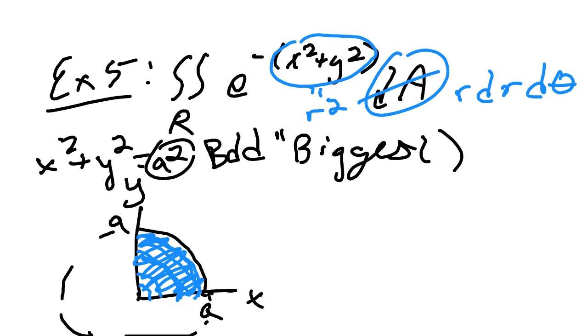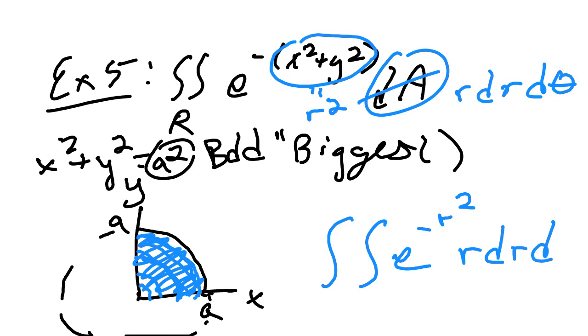That equals r squared, right? So I'm going to have the double integral of e to the minus r squared, and then r dr d theta. Now if I want to do the r part first, what does the radius go from? Well, the radius r goes from 0 over to a.